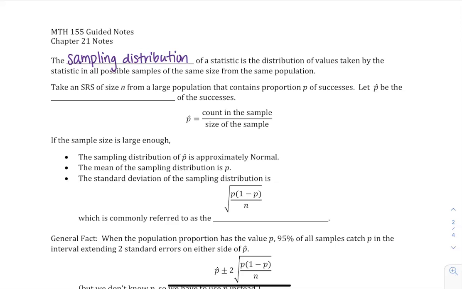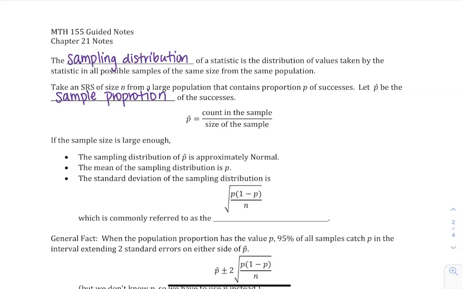Of that simple random sample, calculate p hat, and that is going to be the sample proportion of the successes. And if you need a reminder of how we do that, it's the count in the sample of successes divided by the size of the sample.